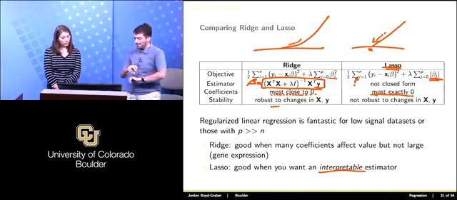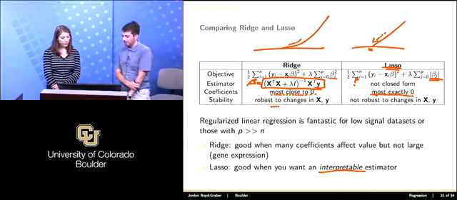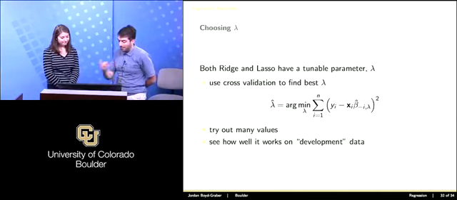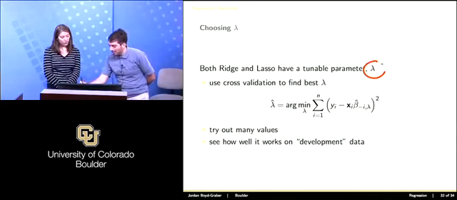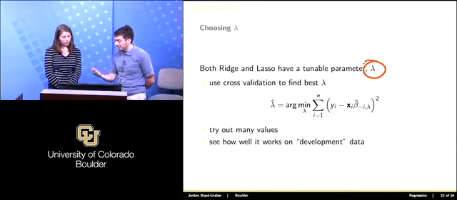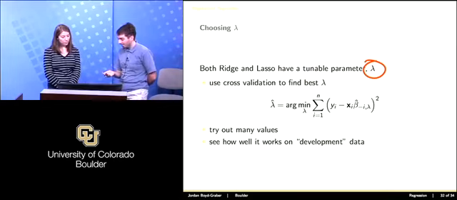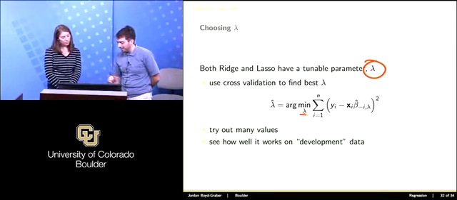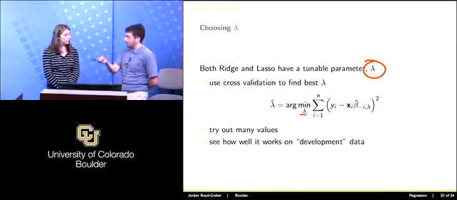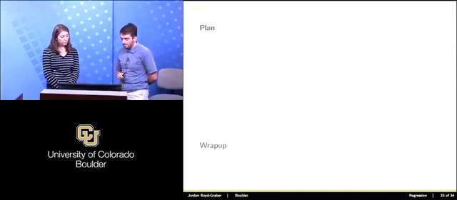Okay, so any questions on comparing ridge and lasso? No. Okay. They both have this tunable parameter lambda, and typically you want to use cross-validation to find the best lambda. So try out a bunch of things on development data, see what works best.